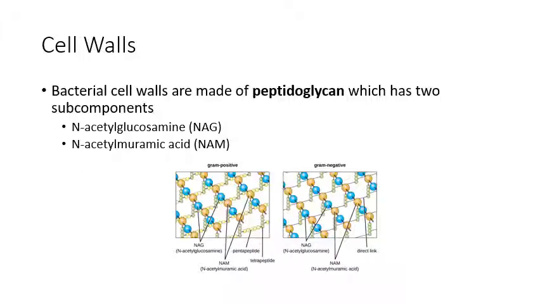And that peptidoglycan is made of two subcomponents, the chemicals N-acetylglucosamine and N-acetylmuramic acid, or NAG and NAM for short. These are just chemicals arranged in a certain structure to provide protection on the outside of the cell.